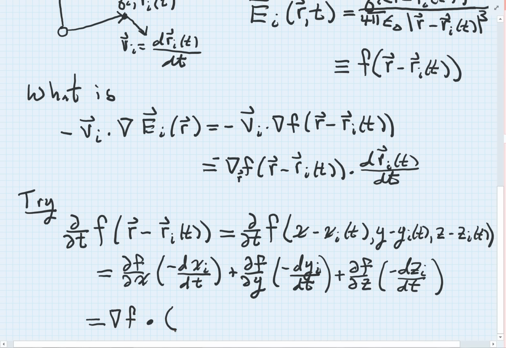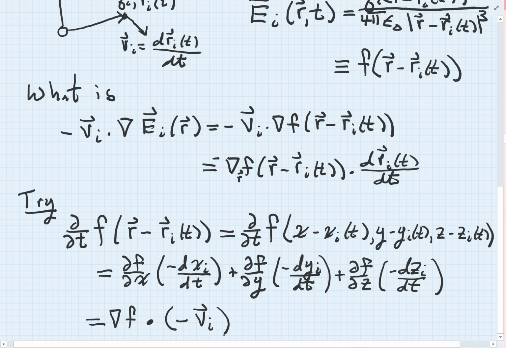The second vector has these components, minus dx_i dt, minus dy_i dt, minus dz_i dt, and when I put it all together, these are clearly just the x, y, and z components of the velocity of the ith particle, so that's dotted with minus v_i.